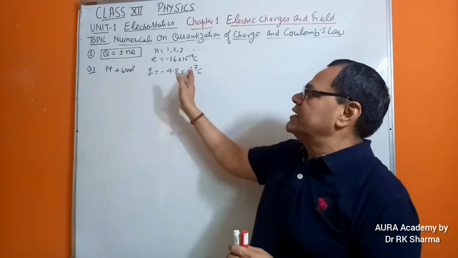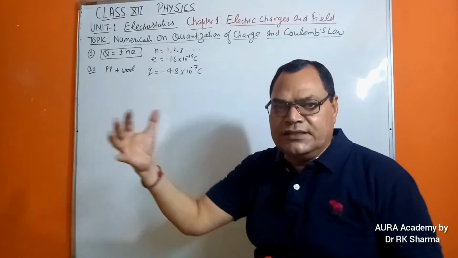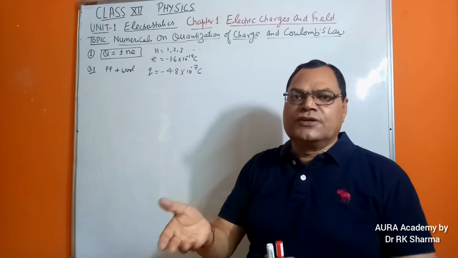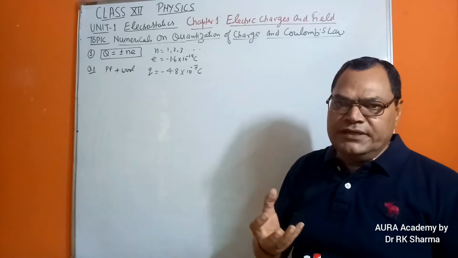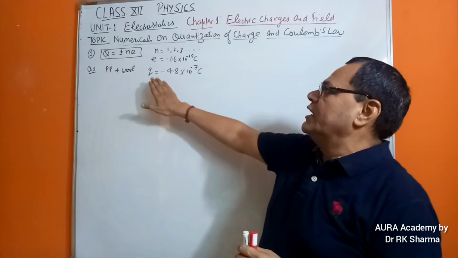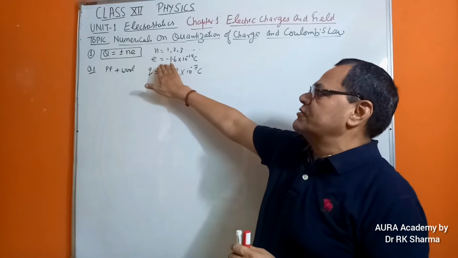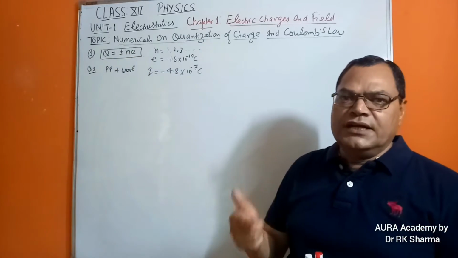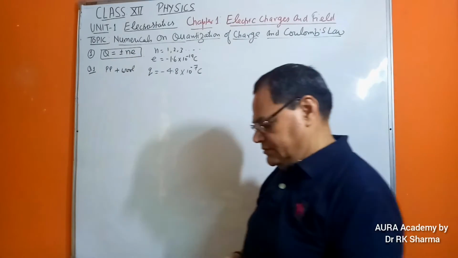The question says the charge acquired by the polythene, because anything acquiring charge means electrons, and electron being negative, its charge will be negative. Clear? So I know the charge, and I know the charge on the electron. Therefore I can easily find the number of electrons transferred.